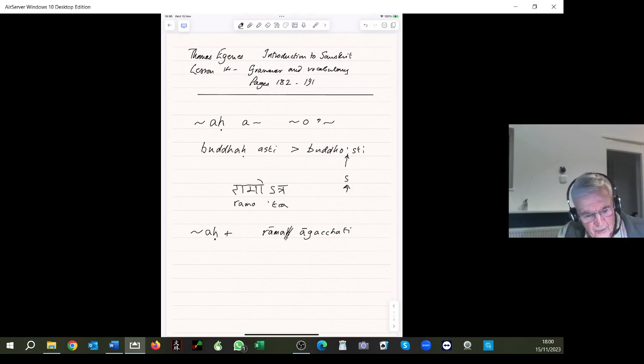And as I think you all know by now, you never apply sandhi twice. Therefore, that vowel hiatus is left in place, Rama agacchati. And these are written always as two separate words in Devanagari. Rama, new word, and you get the full vowel symbol, agacchati.